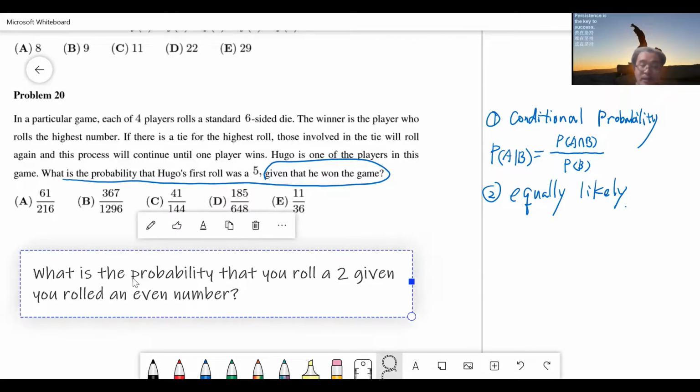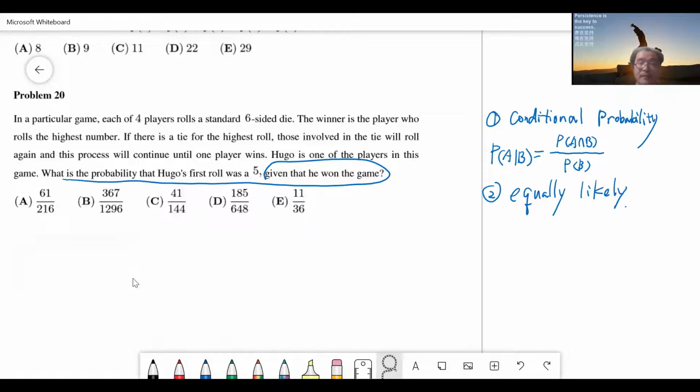Now we're going to start looking at this question. Again, to find the conditional probability A given B, here it's a 5 given B, where B is Hugo wins.